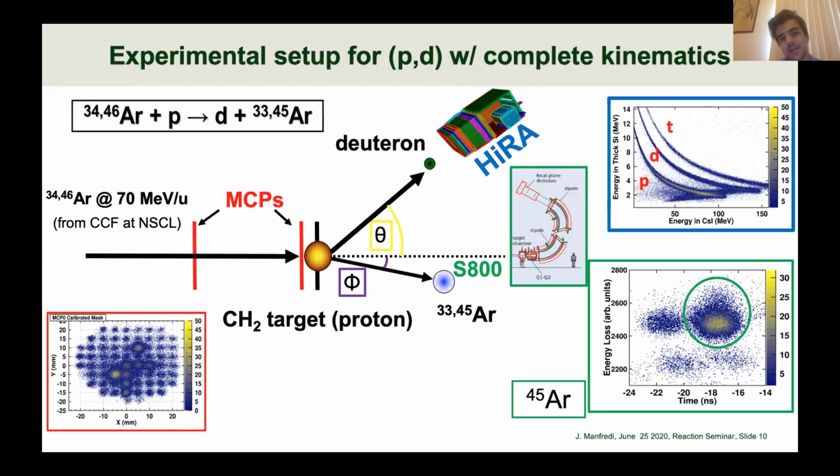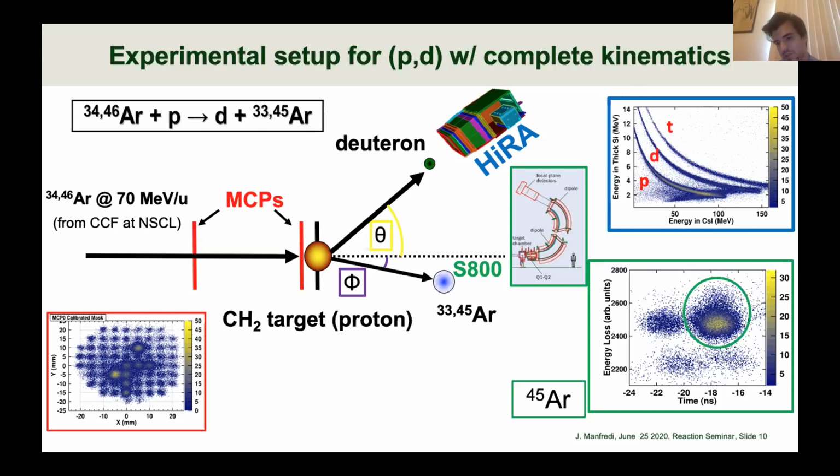We had a single-sided thin silicon, then a much thicker double-sided silicon, and then an array of 4 cesium iodide crystals. You can see here on the right a particle identification plot, in this case between the thick double-sided silicon and the cesium iodide, and you see that we can clearly separate out the deuterons in order to gate on the (p,d) reaction channels.